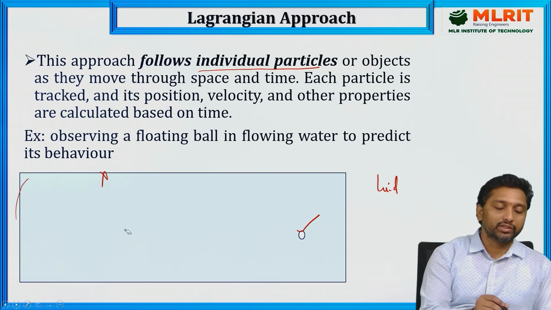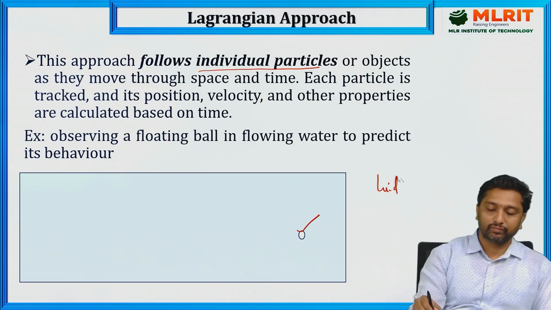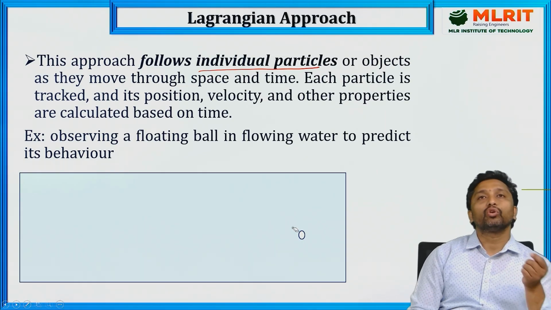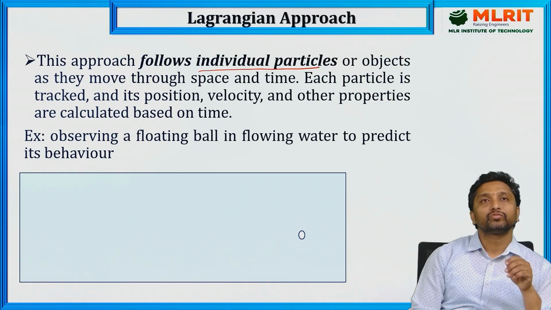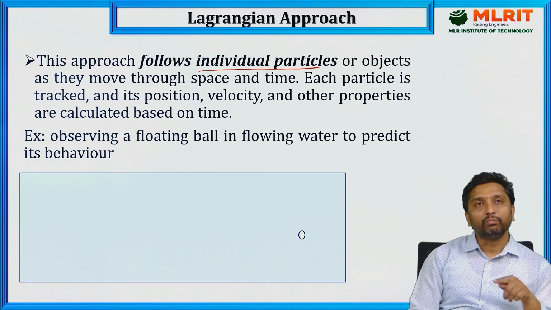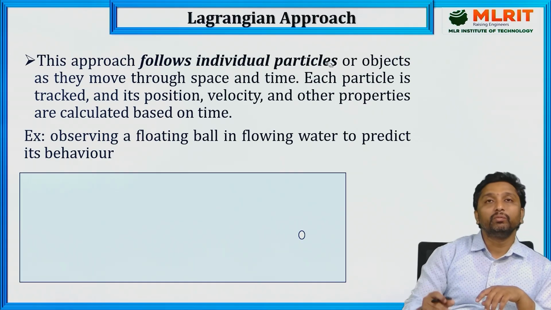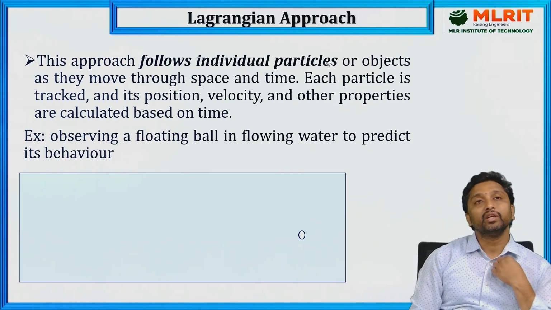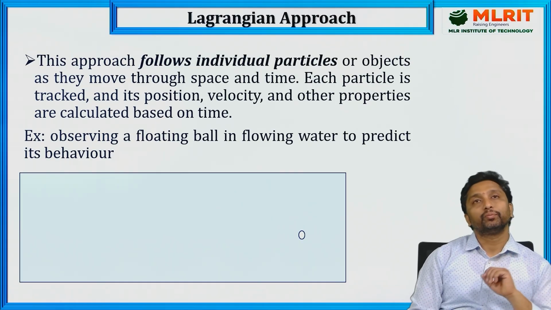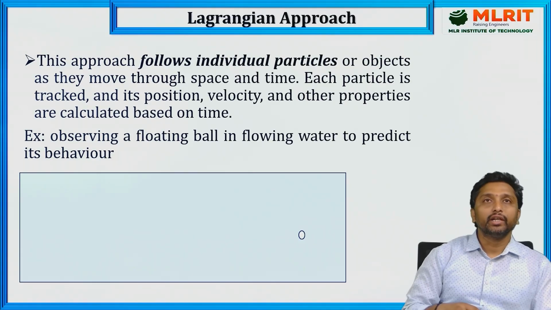The best example is, if we throw a thermocol ball into the water and observe it, the path traced by the thermocol ball will be used to predict the behavior of the flow. So this is the Lagrangian approach.